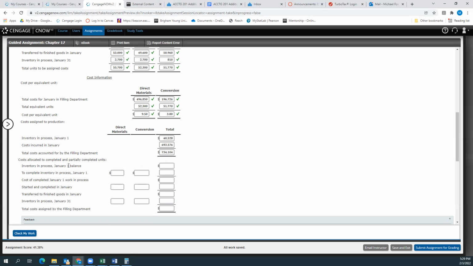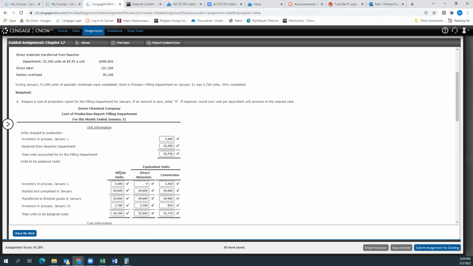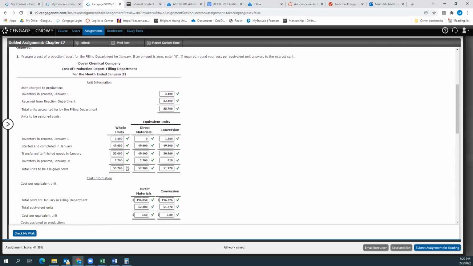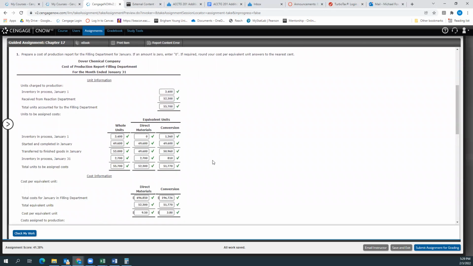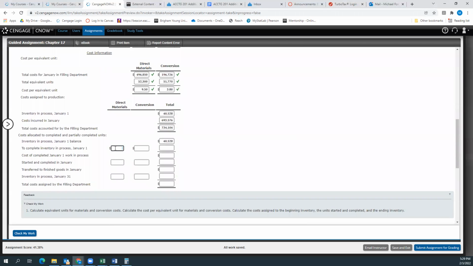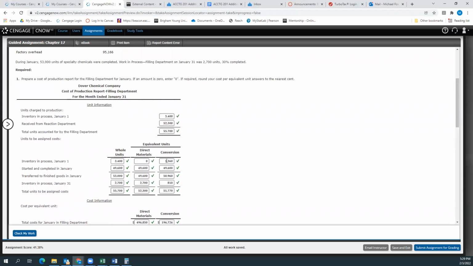So our inventory in process, again, that was 40,528. And then our direct materials, remember we didn't have to put any in. We discovered that all the way up here. 0 direct materials had to be put into the stuff that was already in process because the materials had already been put in. And then conversion, we had to do 1,360 equivalent units.